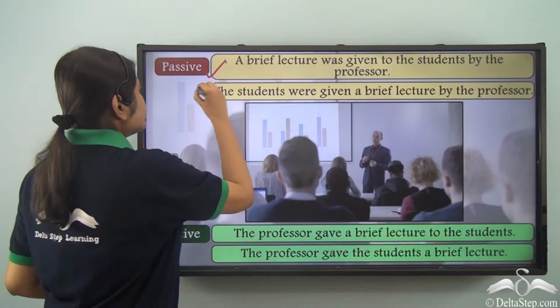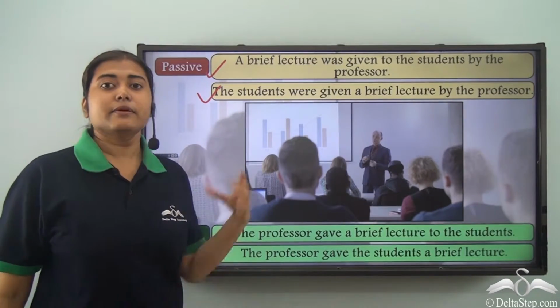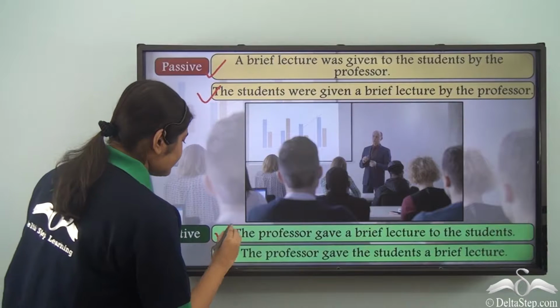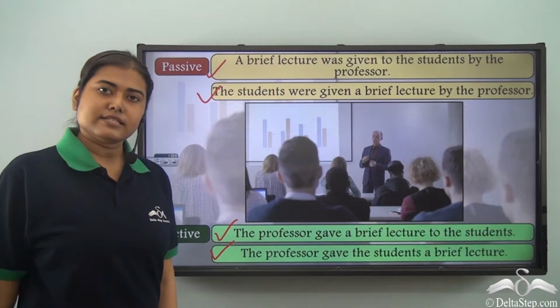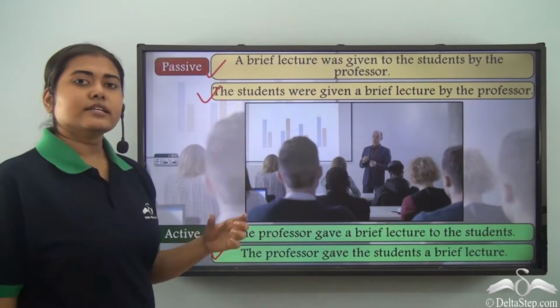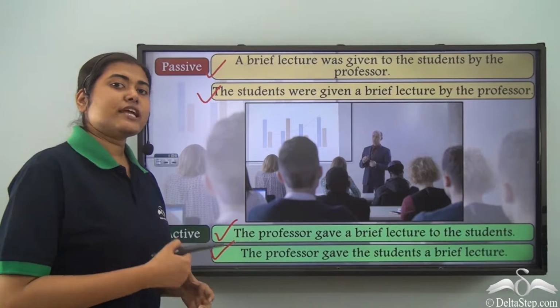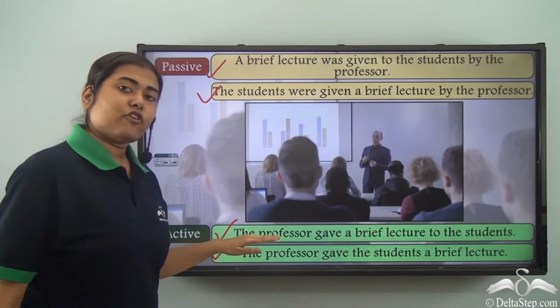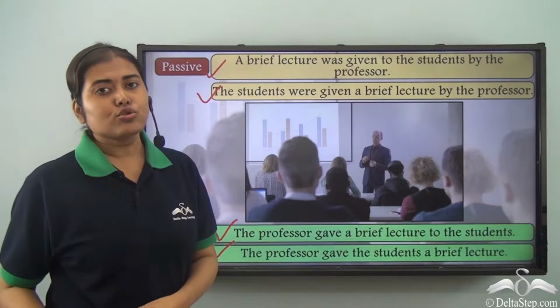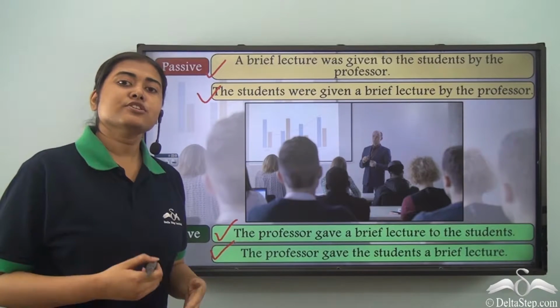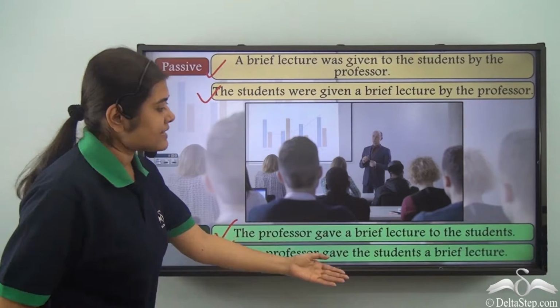So, for both these sentences in the passive voice, the active voice will remain the same. So it is just that the object has changed the position. We know for a sentence which takes two objects, we can change it in two ways in the passive voice. That is exactly what has happened here.